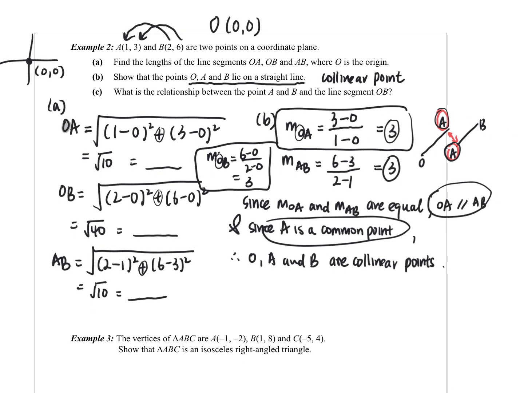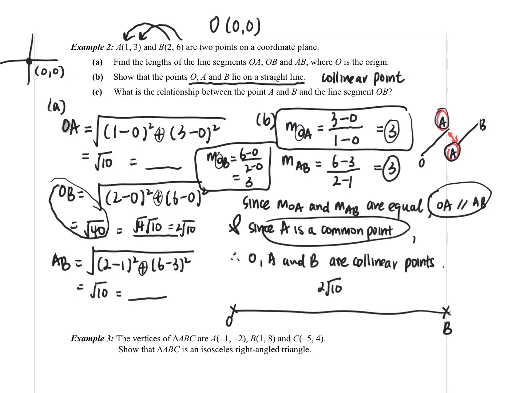Then they ask what is the relationship between AB and the line segment OB? First thing is these three must lie on the same line. And then I know that OB, O to B, is 2 root 10, and O to A is only half of it, and A to B is also half of it.